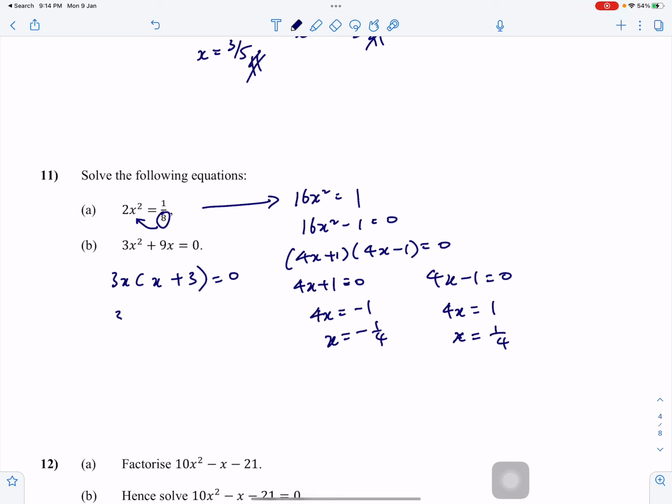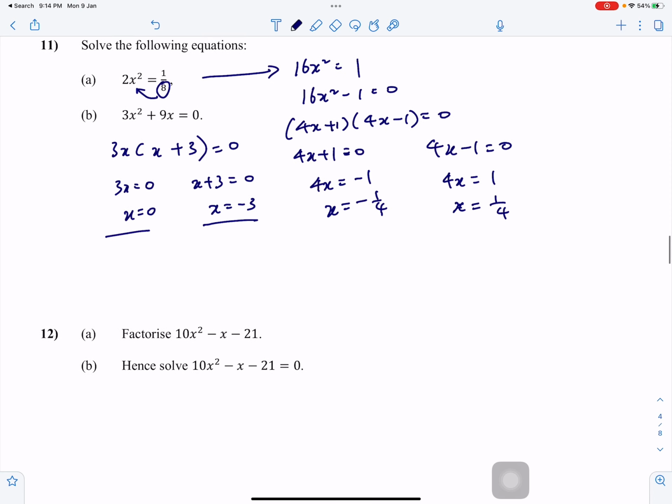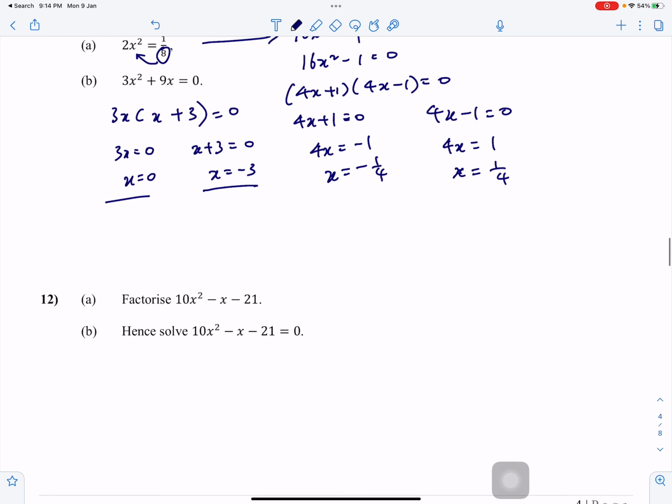Factorize 3x out, so 3x is equal to 0, x equals 0, equals minus 3. All right, so these are very basic factorization which you need to know before you attempt to go on to your Sec 3. Very, very important.